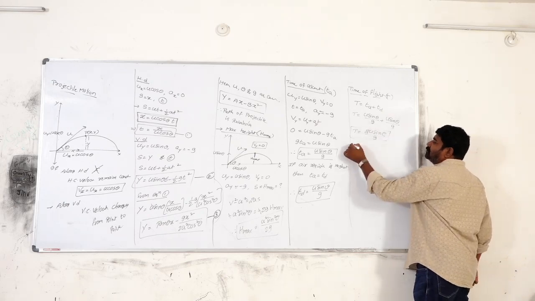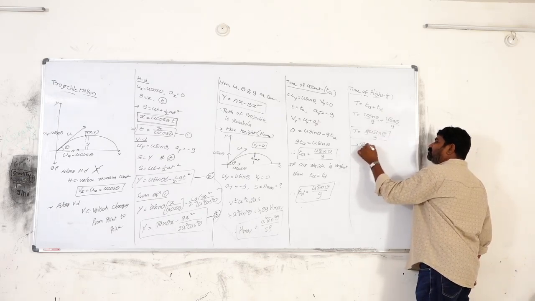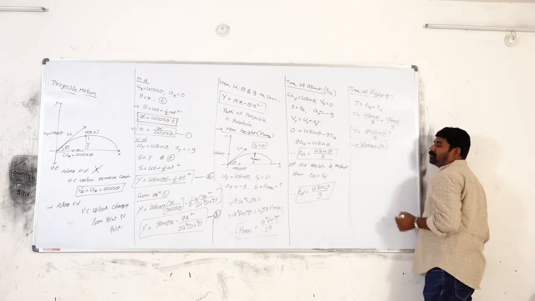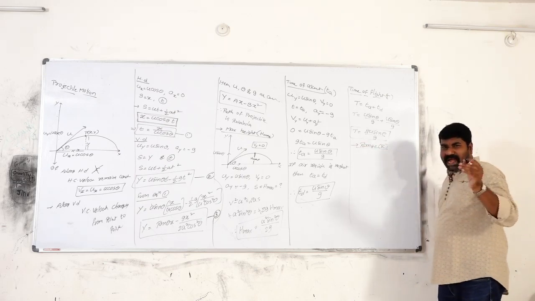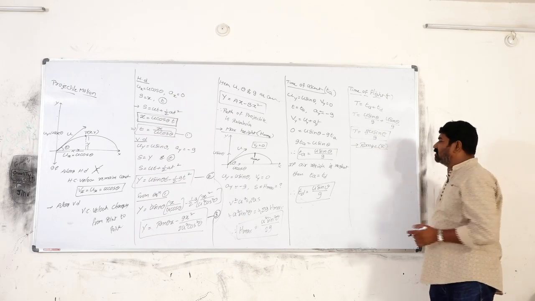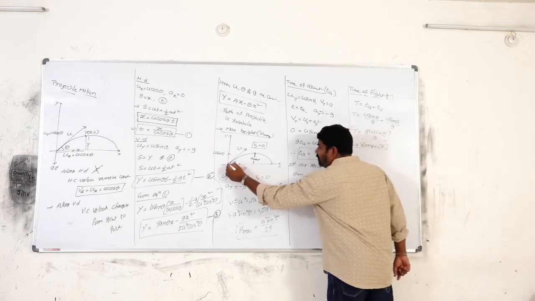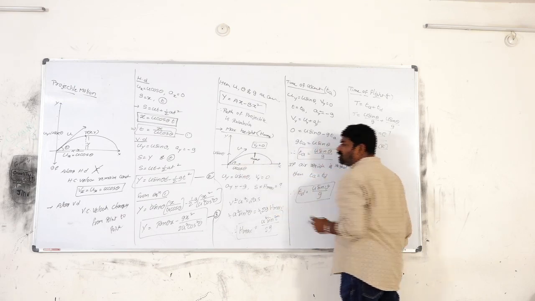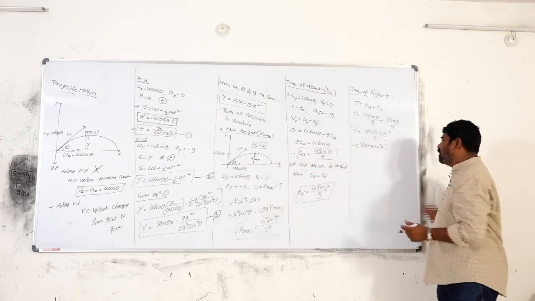Next, range, capital R. What is the range? The maximum horizontal distance traveled by the projectile during the time of flight is called the range.